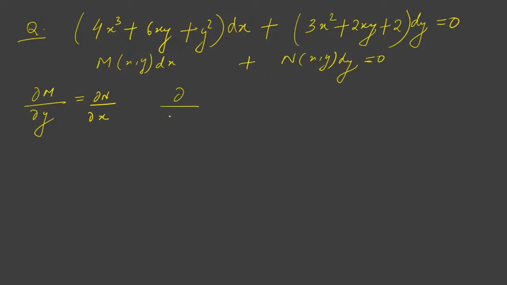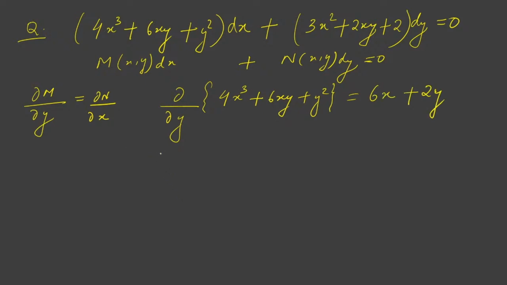So del by del y of this quantity, that is 4x cube plus 6xy plus y square. 4x cube is a constant, right? So its derivative with respect to y is 0. For 6xy, it will be 6x, and for y square, 2y. So that will be 6x plus 2y, the del M by del y.